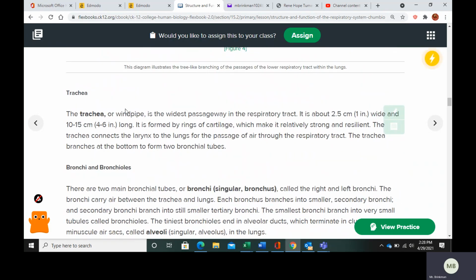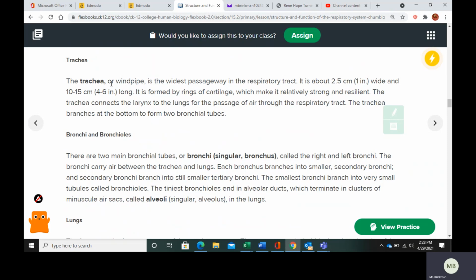The trachea, which is known as your windpipe, is the widest passageway in the respiratory tract. It's about 1 inch wide and about 4 to 6 inches long, and it has rings of cartilage which make it pretty strong. The trachea connects the larynx to the lungs for the passage of air.